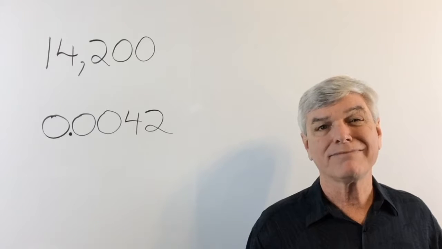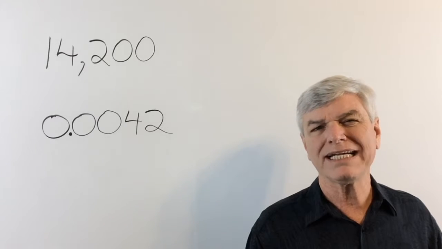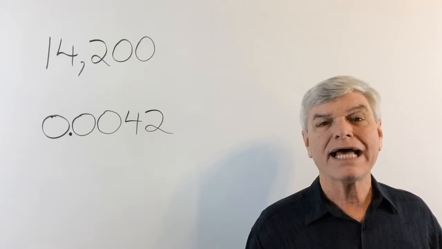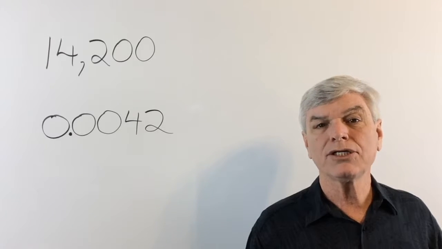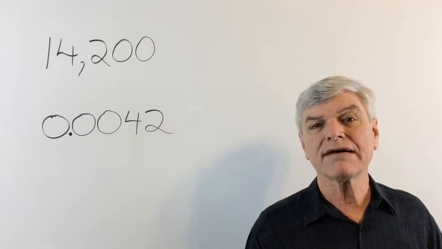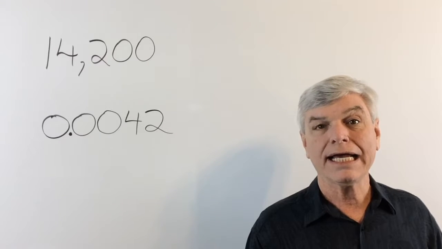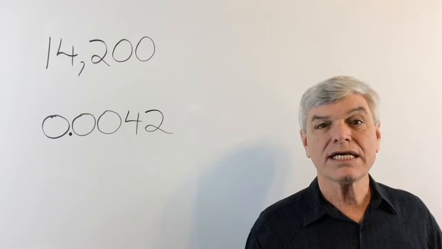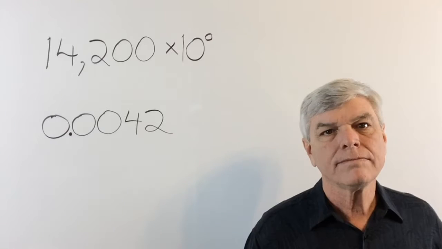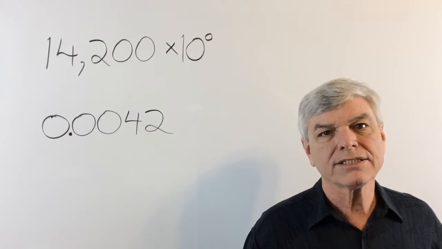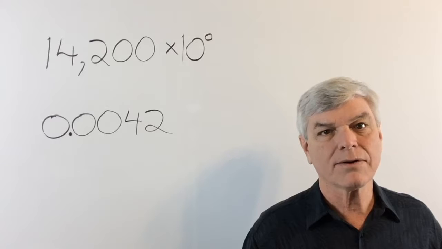It can be anything less than 10, which would be 9.99999, something like that. But that first number has to be 1, 2, 3, 4, 5, 6, 7, 8, or 9. It can't be 10 and it can't be 0. And so you can see in this problem, it's going to be 1.42. So we're going to start with 14,200 times 10 to the 0.